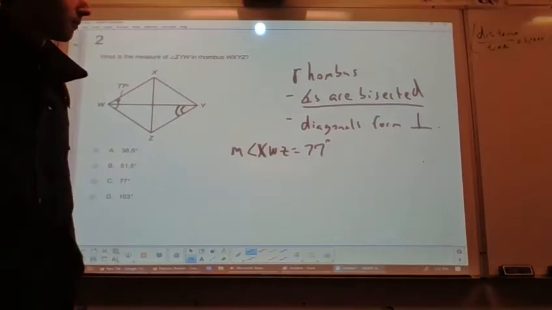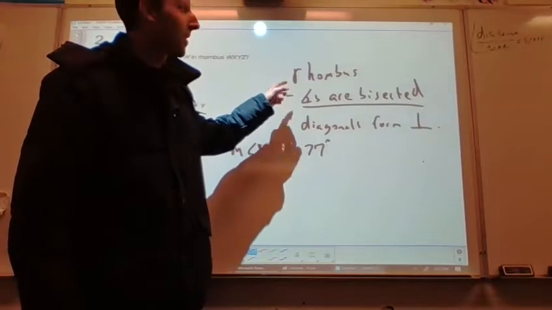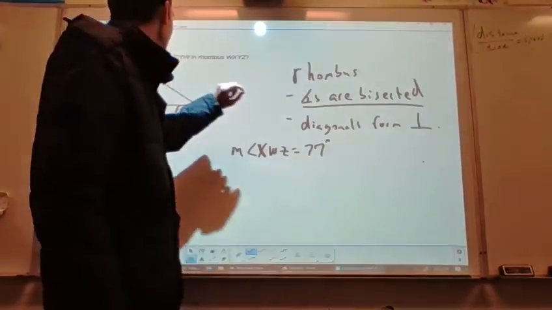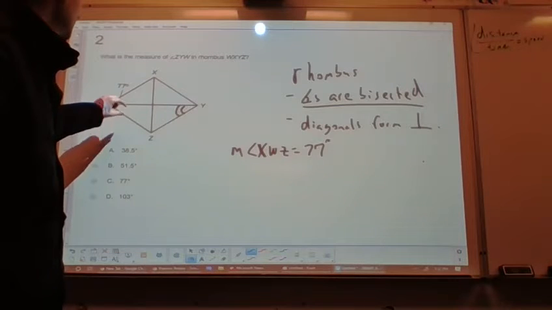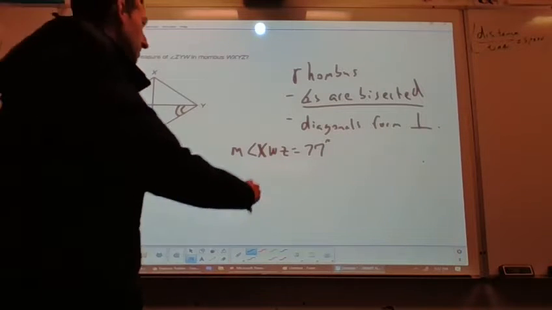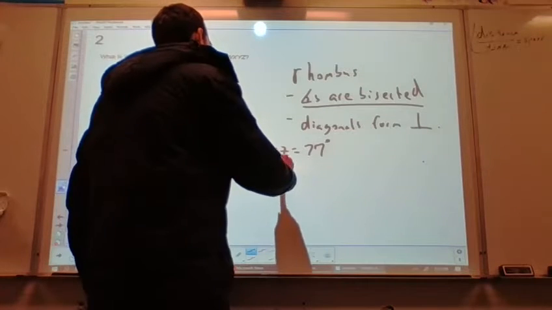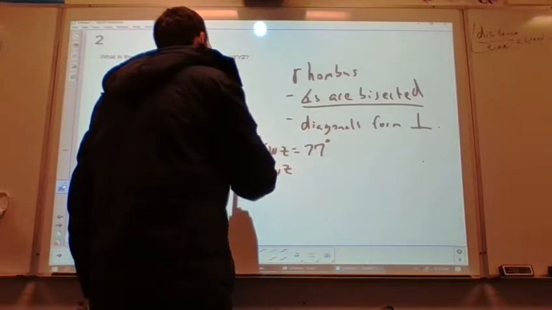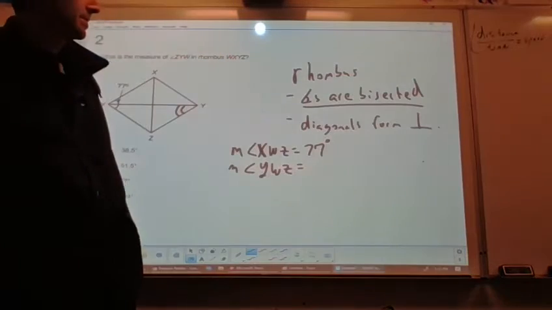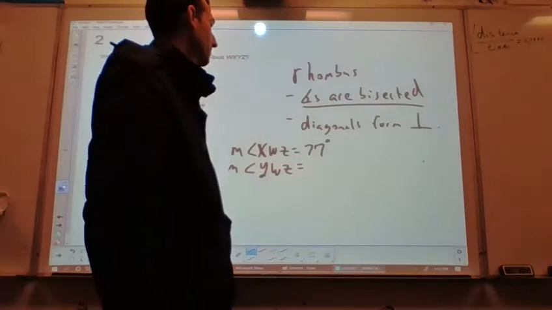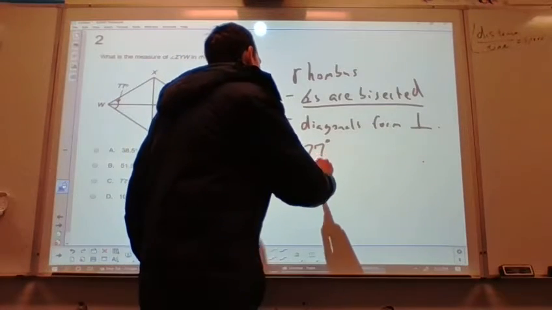Now remember the first thing I just said there, the angles are bisected. So we know that the measure of angle YWZ is half of that. And half of 77 is, I don't know, 33 and a half.